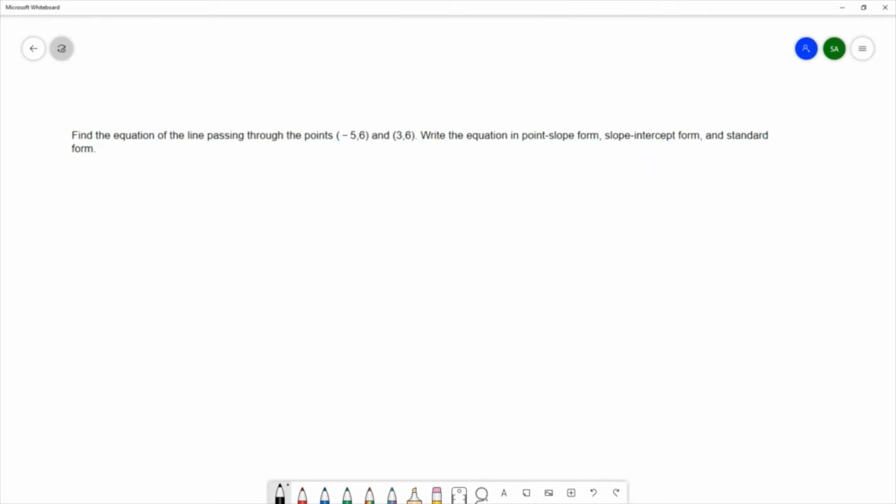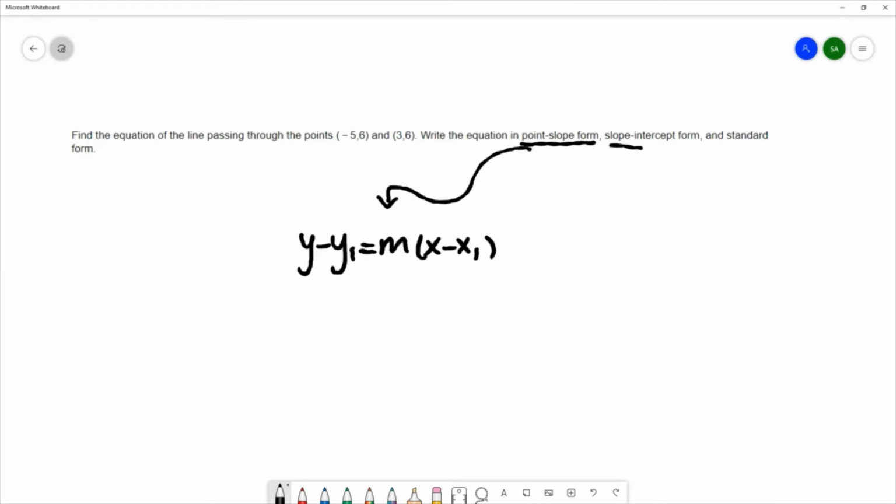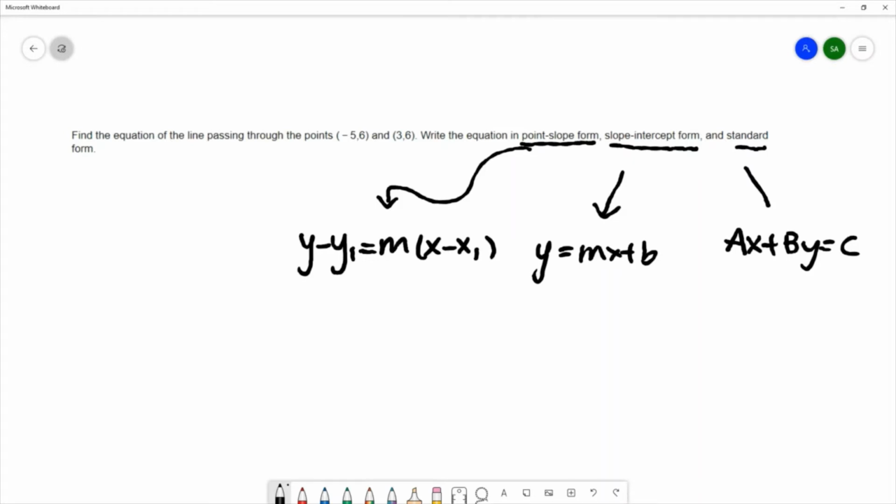For point slope form, that would be y minus y1 equals m times x minus x1. For slope-intercept form, that would be y equals mx plus b. And for standard form, that's ax plus by equals c. These are all ways of writing linear equations.